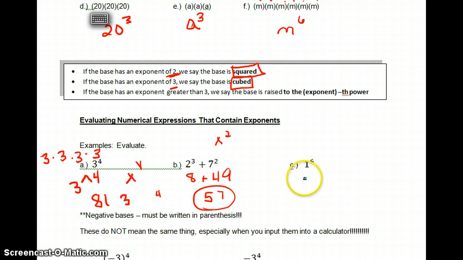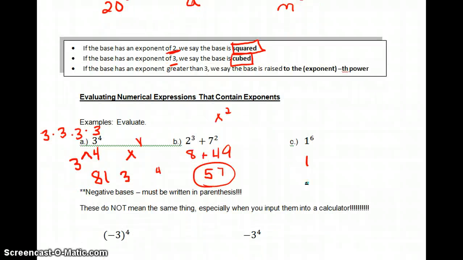Lastly, 1 to the 6th power, that should be an easy one for us. 1 times itself, no matter how many times, is always going to be 1. Again, when you are evaluating this, I cannot stress to you enough how important it is for you to remember that exponents mean repeated multiplication of that base.